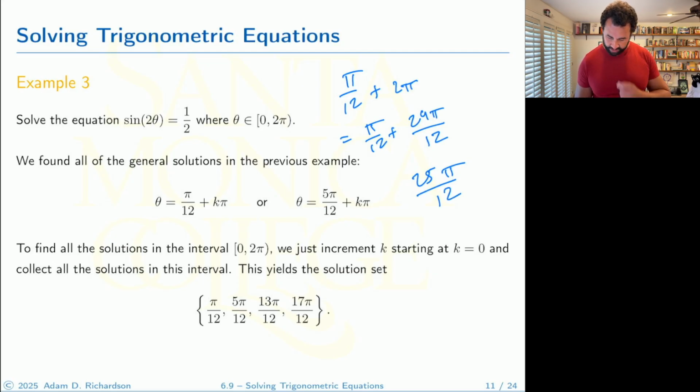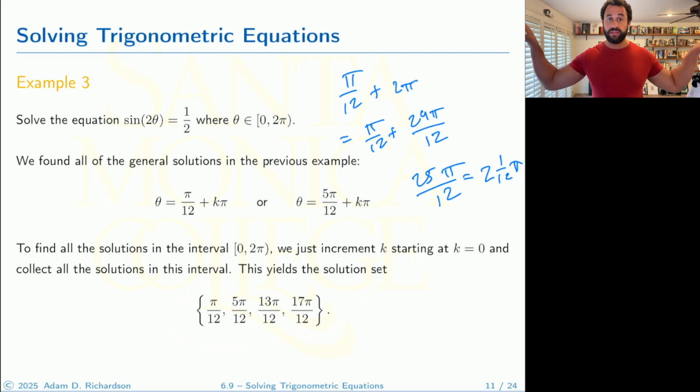But notice this, 25 pi over 12 is 2 and 1/12 pi, so that's already outside of the interval 0 to 2 pi. That means when k is already at 2, we've gone too far, so we're done. These are the only solutions in the interval 0 to 2 pi.